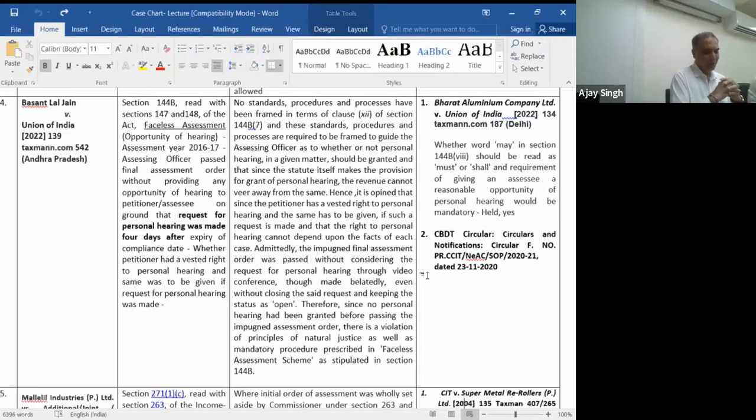So if we read all these decisions together, it has now become very crystal clear that in all such cases, wherever the request is once made, the assessing officer is duty bound to provide it. So it is advisable, rather than trying to raise this issue of personal hearing at a belated stage, that at the initial stage itself you make it very clear to the assessing officer that I am complying with these notices, but please provide me a hearing.